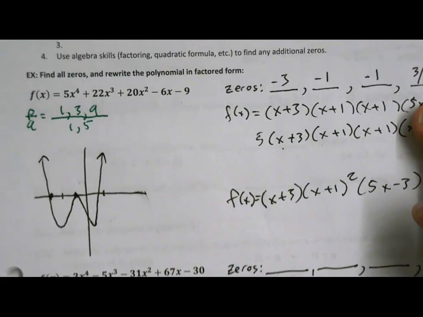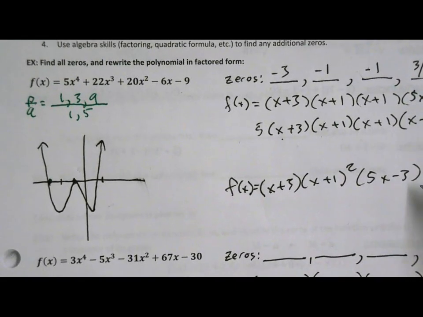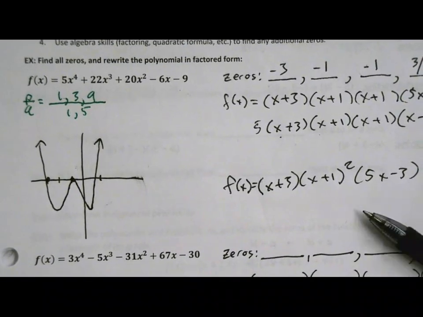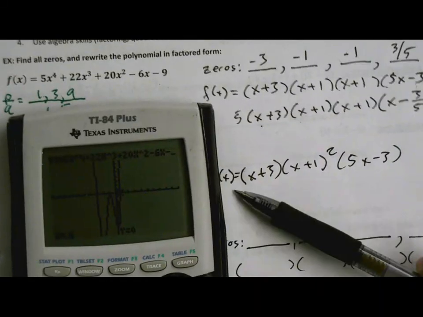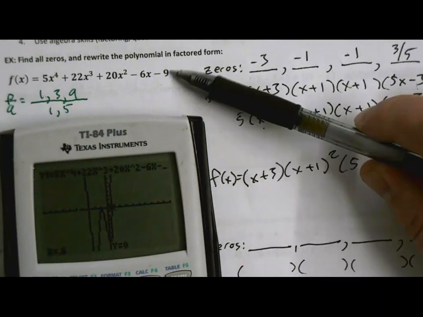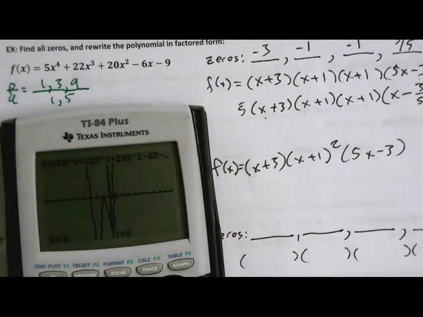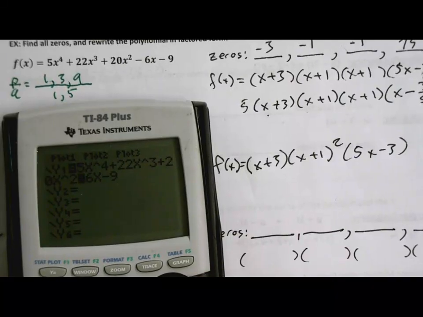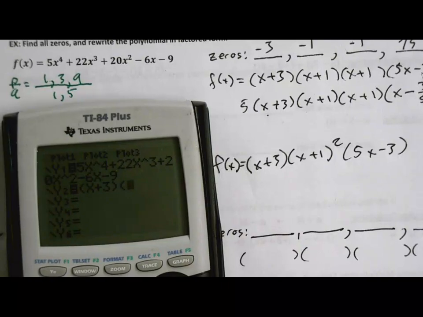Oh, shoot. You know what I forgot to do, guys? Sorry, I want to go back and make sure that we did this right. What would be a quick and easy way for me to make sure that this is the correct factoring? I could graph this, and it should perfectly match up with the original graph, right? If I've done everything correctly, I could go back into y2. Since I've still got my original in here, I'm going to do this now before we move on. x plus 3, x plus 1 squared, and 5x minus 3.